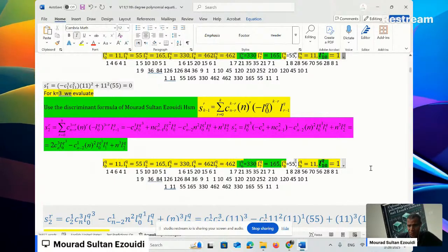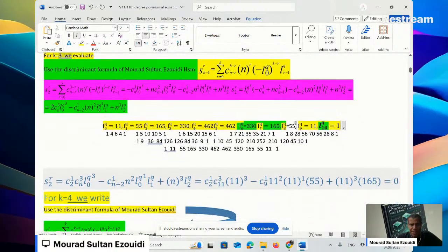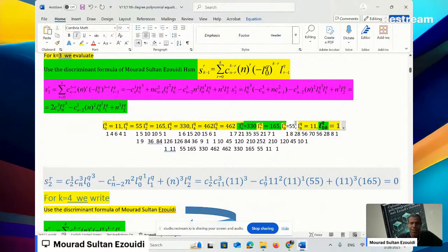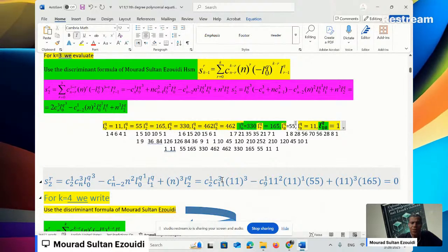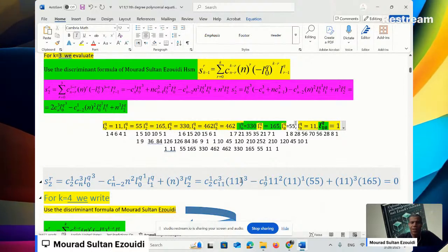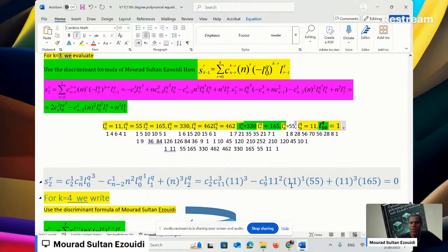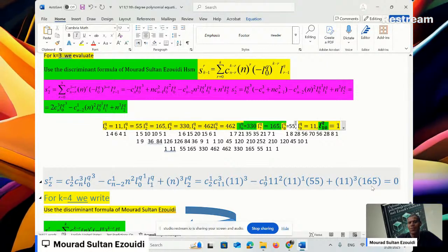So I'm going to substitute here, and we'll see that S2 is equal to combination 3 choose 1 times combination 11 choose 3 times 11 cubed, minus combination n choose 1 times 11 squared times 11 times 55, plus 11 cubed times 165.